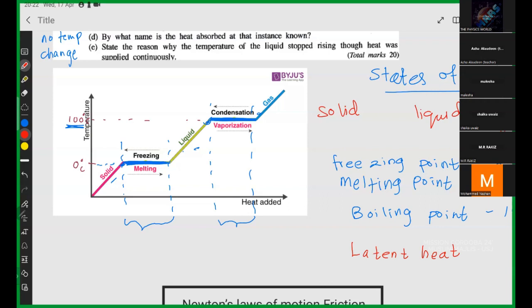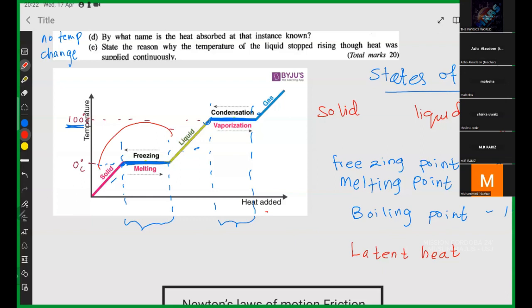Okay. So here's the question they're asking, when you read it carefully. You can see here that latent heat means the heat absorbed by the system without changing the temperature. Heat is absorbed, but temperature is not changing, but change of state is taking place.